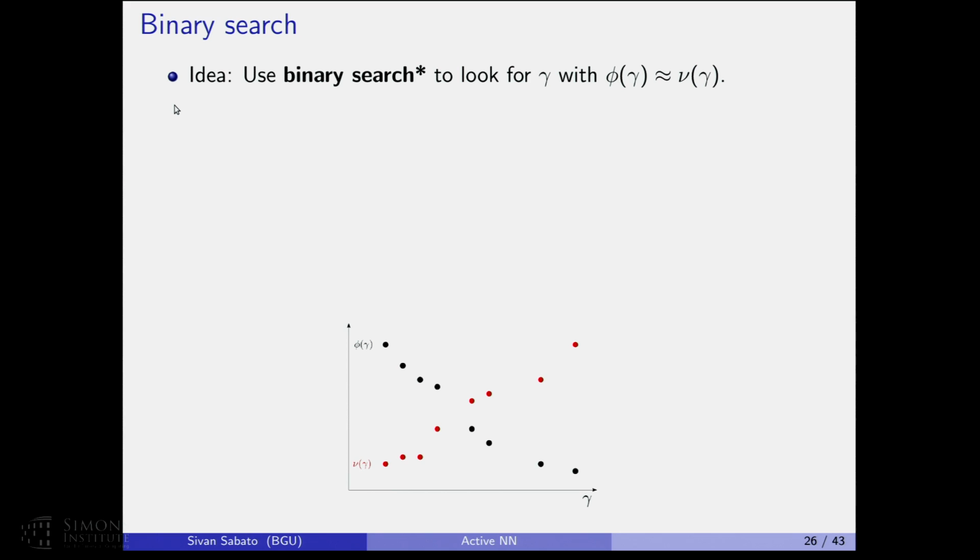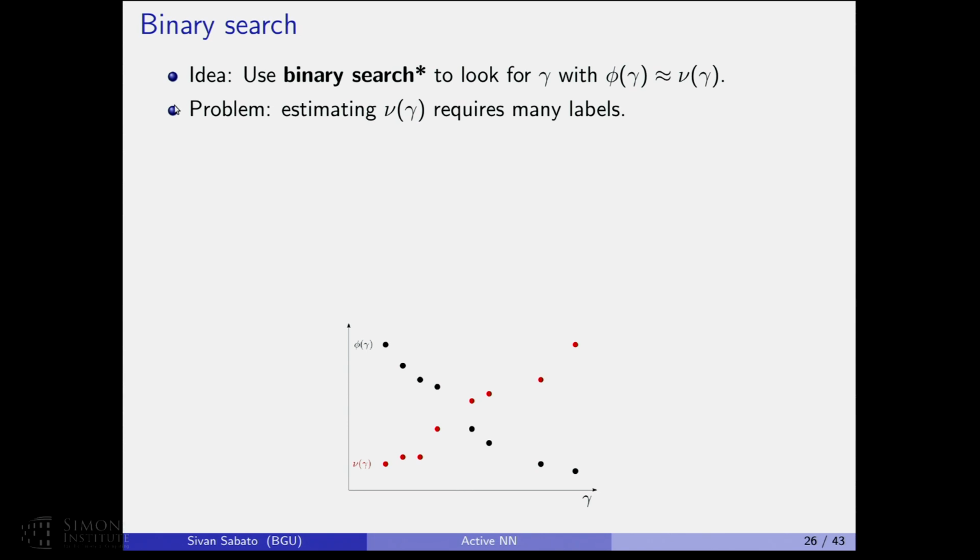It doesn't necessarily exist, so there are some details you need to take care of, but let's just say for the explanation that they do exist, then you should just find the place where they are the same. If they're both the same, then you have a small factor approximation to the minimal bound that you're trying to get. Based on binary search, if this one is much larger than this one, I should go right. If this one is much larger, I should go left. This is the idea.